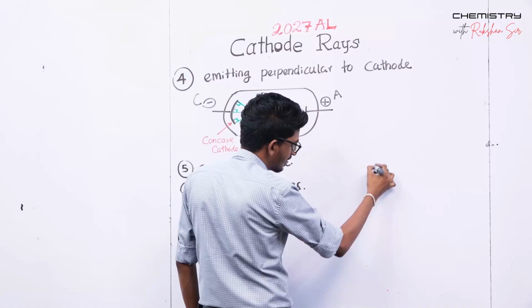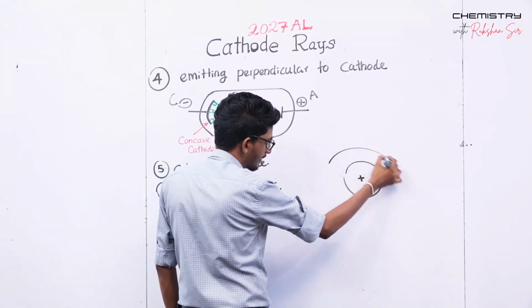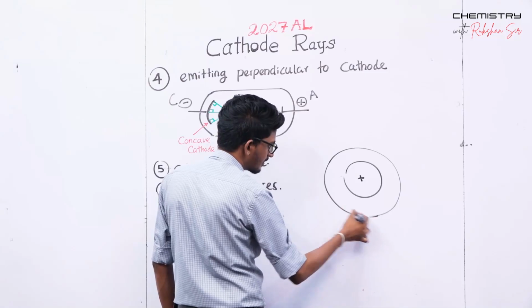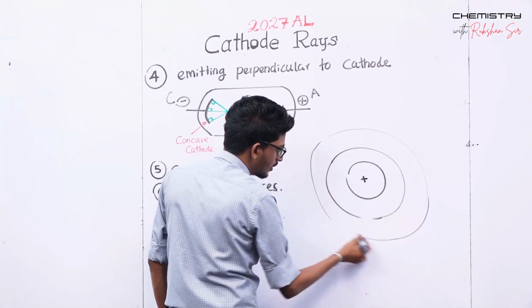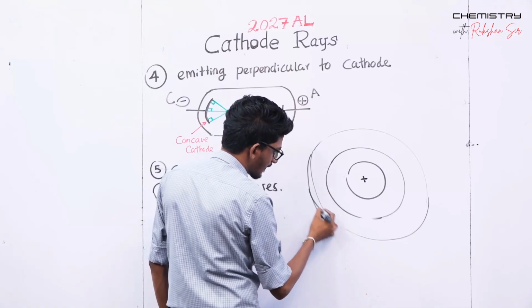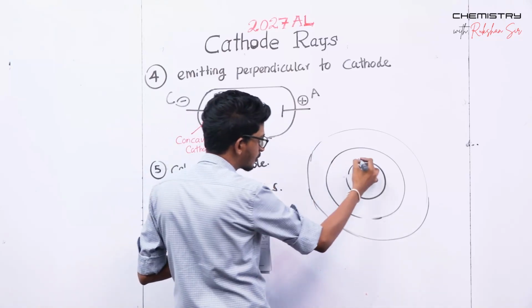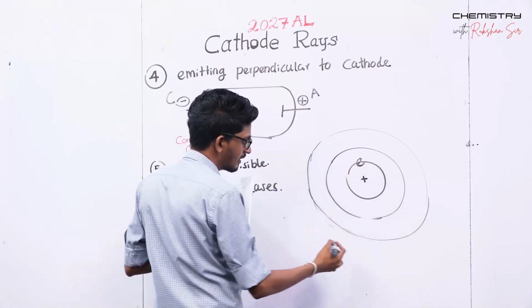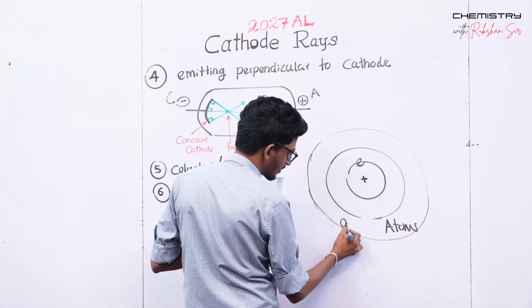Earlier we had seen helium. Gases have these kinds of energy levels. The kinetic energy of the cathode rays can be provided to the electrons in those gaseous atoms.